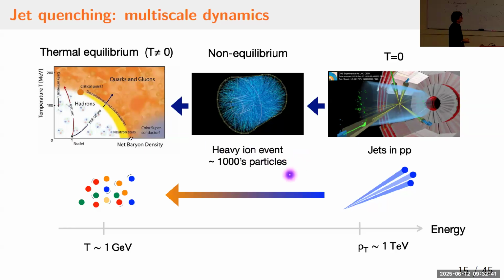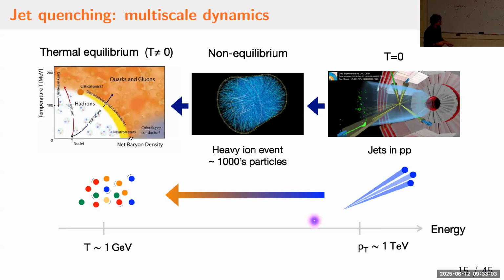So what we want is a large separation of scales between the quark-gluon plasma, which is characterized by a temperature scale of the order of a GeV, and high energy jets, typically of the order of 100 GeV: at RHIC from 20 GeV, at the LHC 100 GeV to the TeV scale.